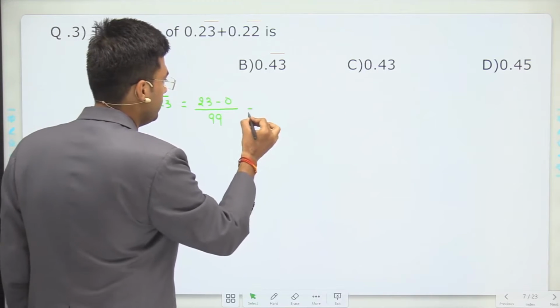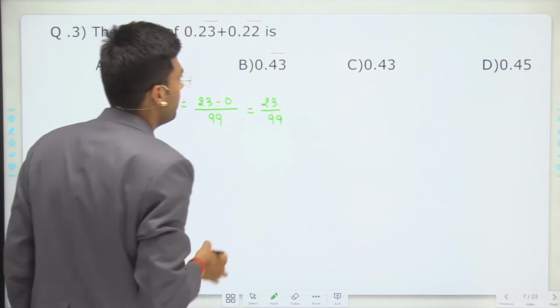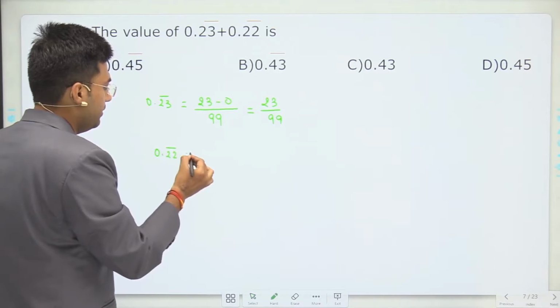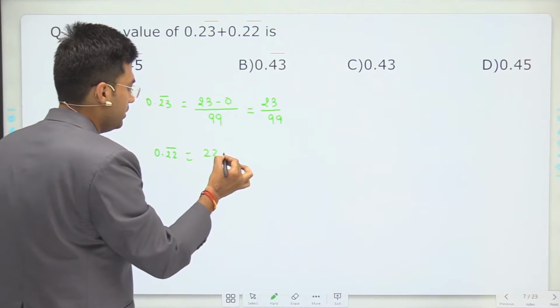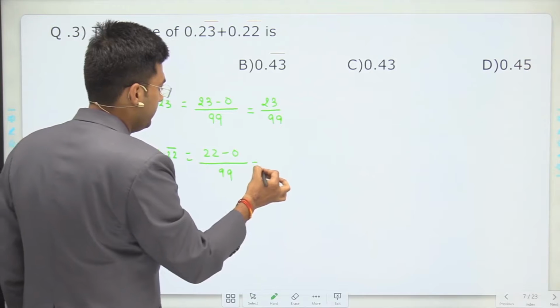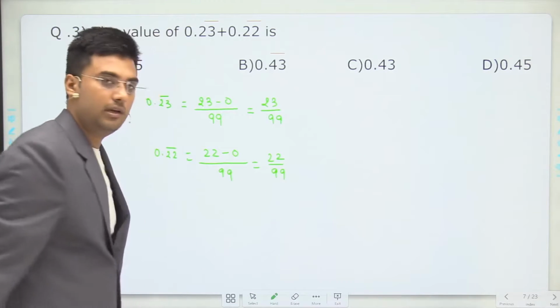So it is equal to 23 divided by 99. And if we solve 0.22 bar, we can write it as 22 divided by 99. Clear?